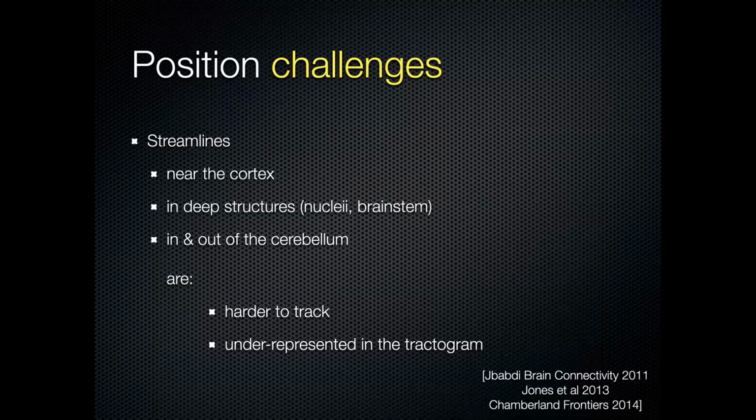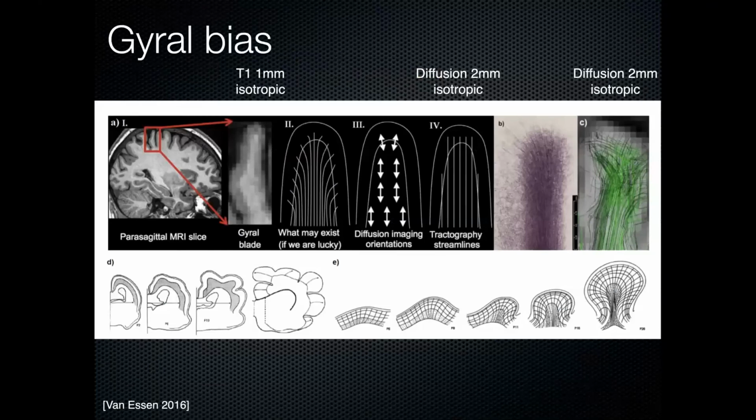Back to our list of problems, I want to talk about the cortex next, because I believe this is linked a lot to connectomics, to fMRI, and this is a very hard region to reconstruct well at the moment with tractography. And here's the problem. Under the gyrus or the gyral blades, tractography doesn't have a lot of resolution and tends to go straight up into the crown of the gyrus.